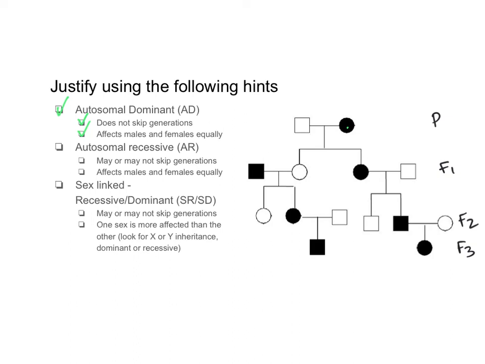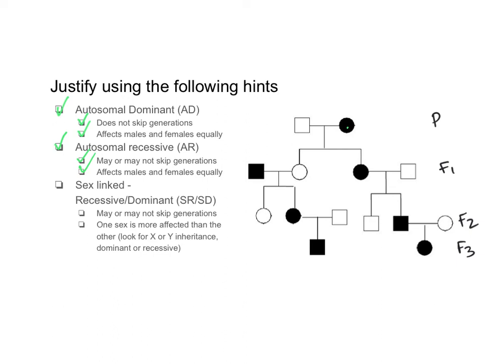Next, let's look at autosomal recessive. So it may or may not skip generations. We see that it's present. And again, it affects males and females equally. So we don't have enough evidence to eliminate autosomal recessive as this condition. And then the last is sex-linked. We see that looking at whether or not it skips generations is not going to help us.